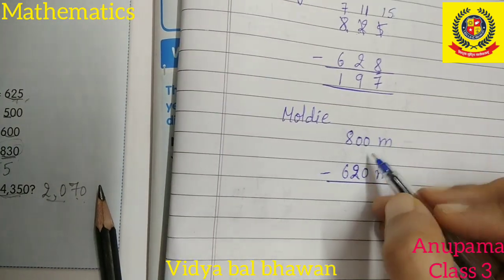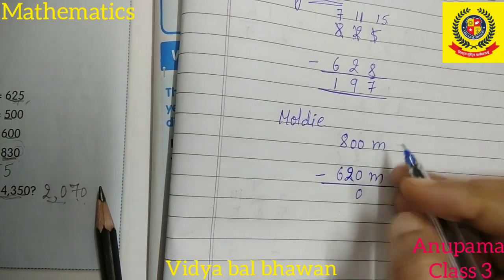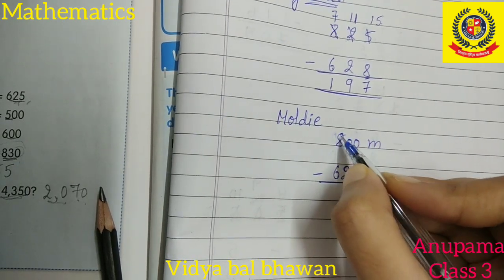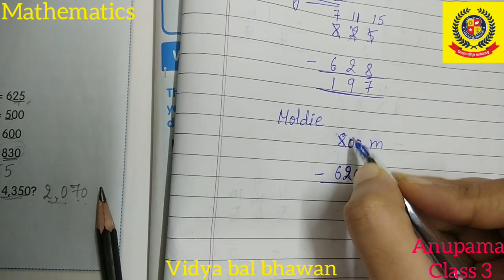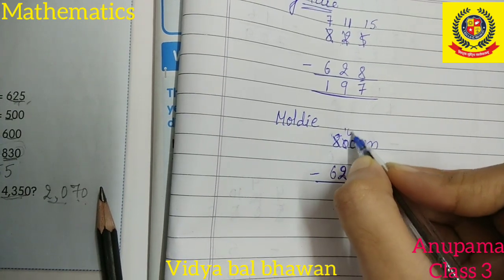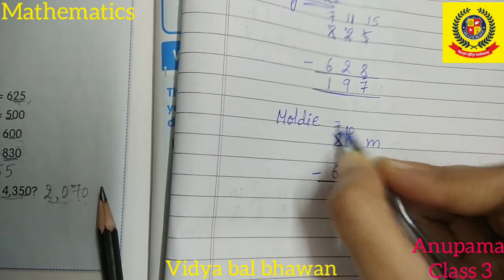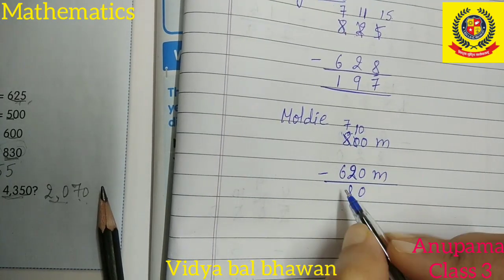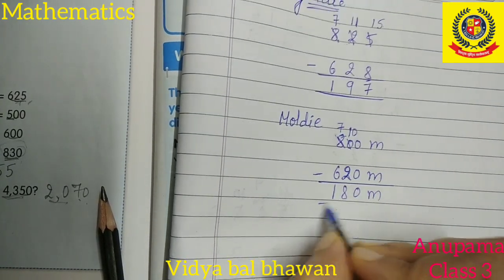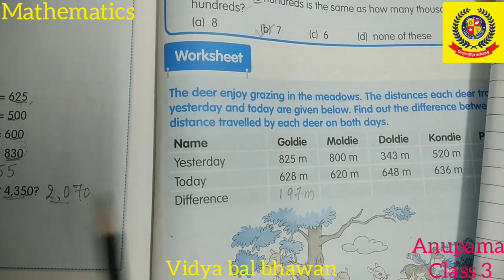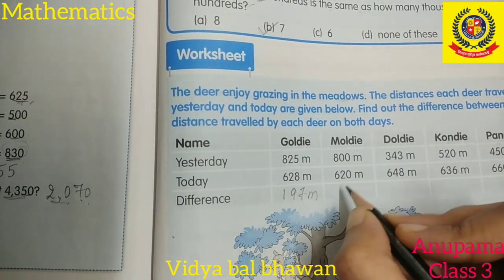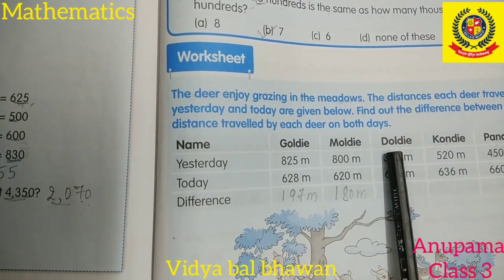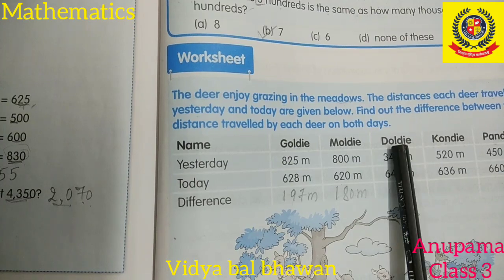Okay, so 0 minus 0, that is 0. 0 minus 2, now not possible, so we will borrow from 8. After giving 1, here is 10 and here is 7 left. So 10 minus 2, that is 8 and 7 minus 6, that is 1. So 180 meters. The difference is 180 meters.